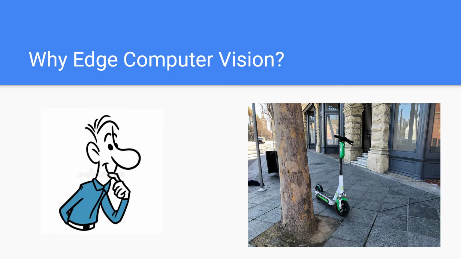And he thinks maybe there's a way he could build a device that regulates the behavior of these and limits what they're able to do. So this would be an excellent example of a situation where you may want to use Edge computer vision to actually deploy some computer vision technique locally on a device that isn't networked.